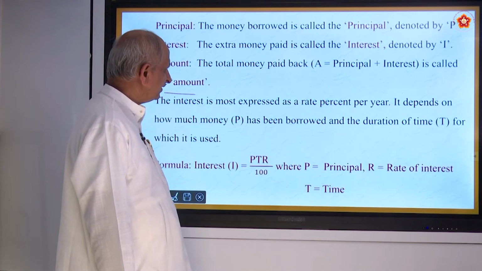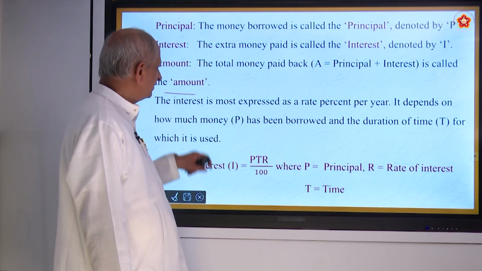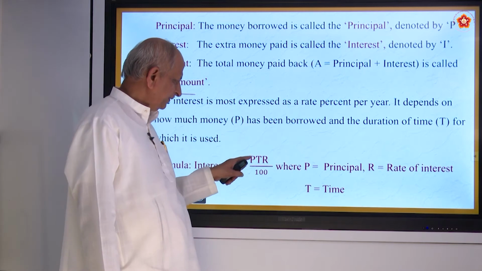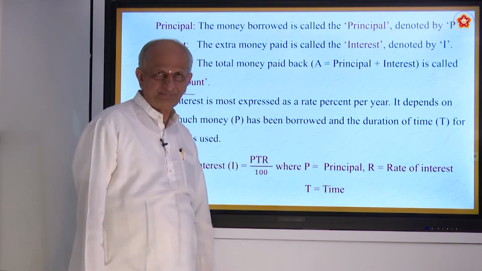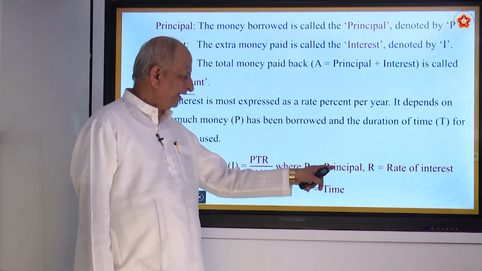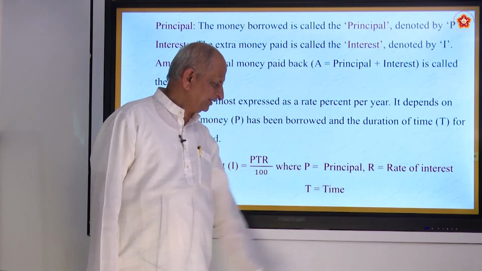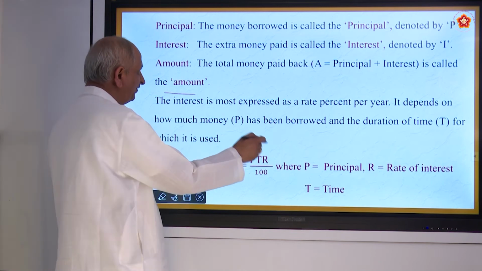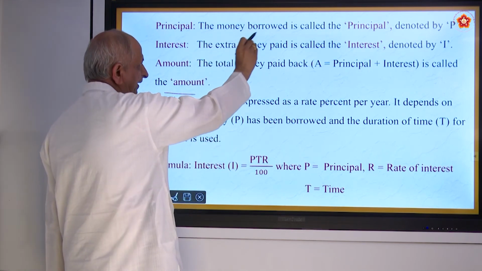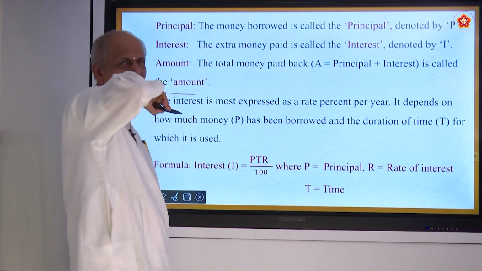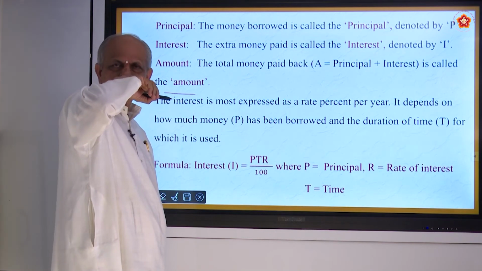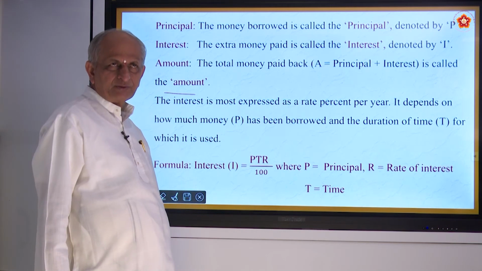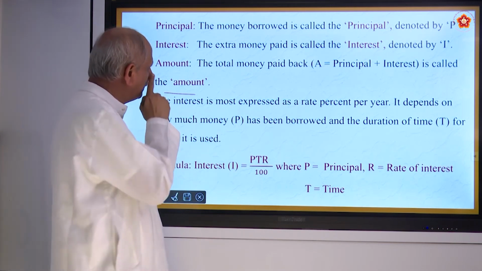Now let us see something about simple interest. In simple interest, you have a formula, PTR by 100, where P is the principal, R is the rate of interest, T is the time. And what is principal? The money borrowed is called principal. Say suppose you deposit 1000 rupees, it is called principal.